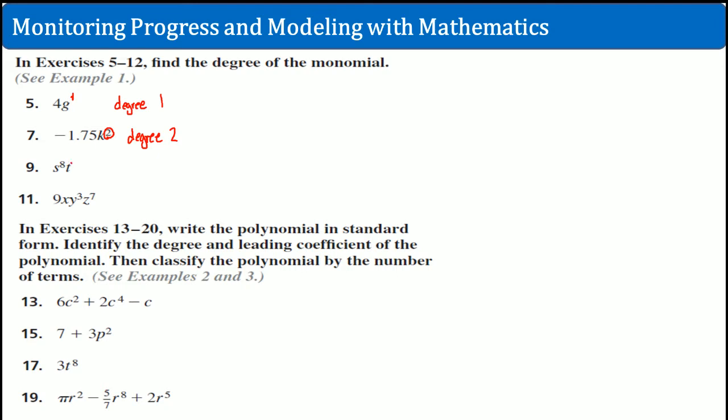Oop, there's a 1 here, so it's 8 plus 1 becomes 9, so the degree of this monomial is a degree 9. Here you have 1 that is above the x, a 3 that is above the y, and a 7 above the z. So 1 plus 3 plus 7 is 11. So the degree here should be 11.